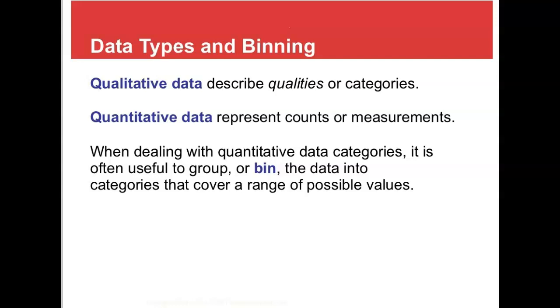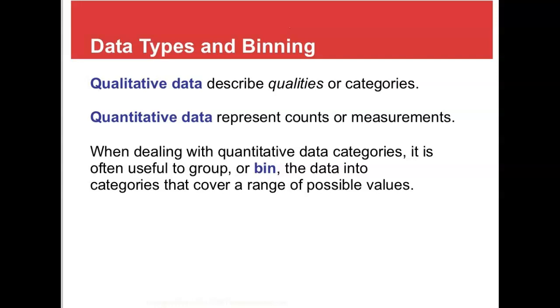You can have numerical data that is qualitative. So for example, zip code. While a zip code is a number, it's still a categorical variable, right? The way to figure out if it's categorical or quantitative is to think about whether it would make sense to take an average.